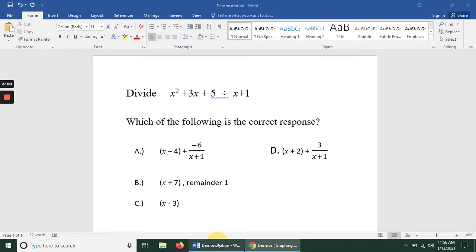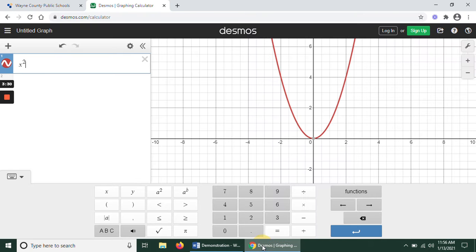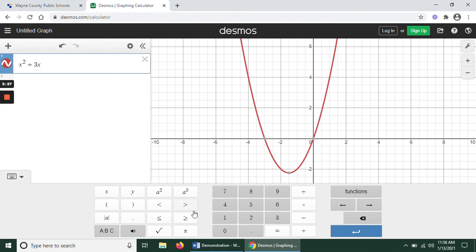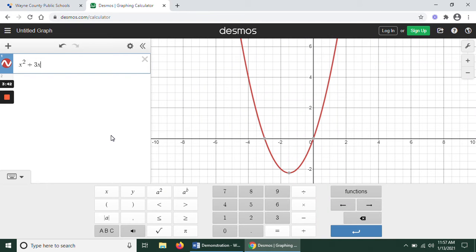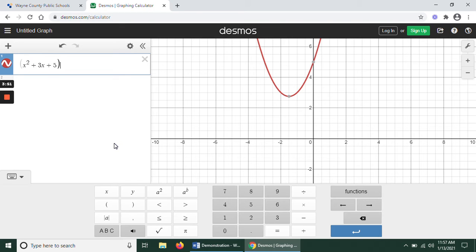Then we add 3x, so plus 3x, plus 5. Now it is important to use parentheses. It's always good to use parentheses.